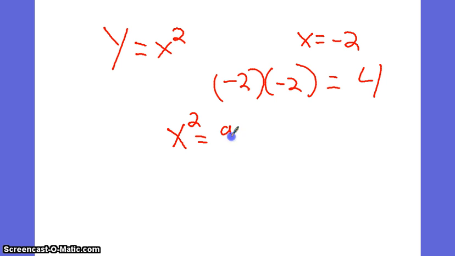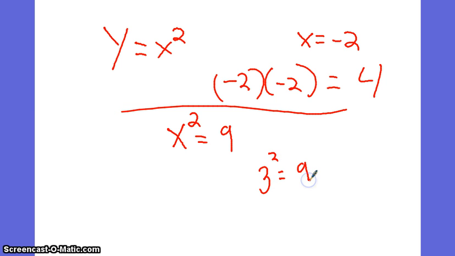Now, another problem: x squared equals 9. What two numbers could x be? Well, 3 squared equals 9, right? And also negative 3 squared equals 9 as well, when we're talking about negative 3 in parentheses.